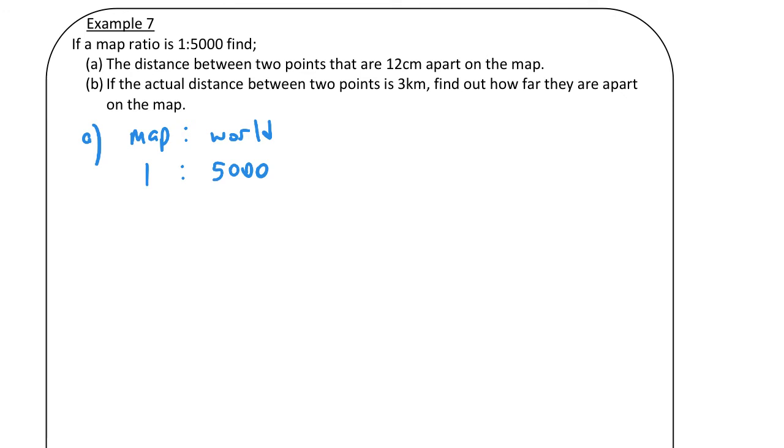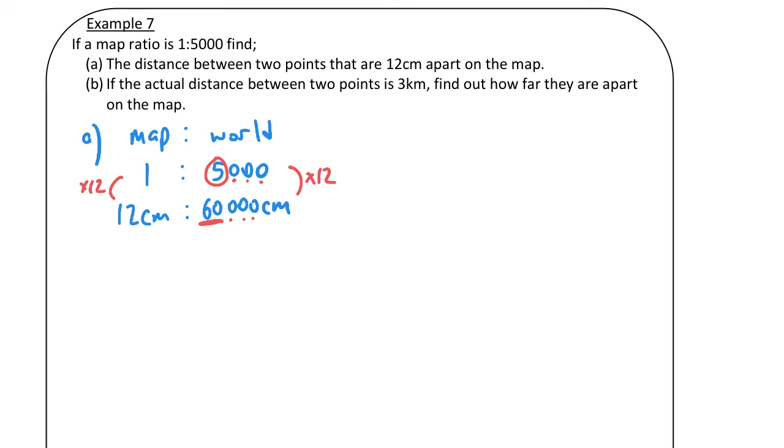So that means that 12 centimetres is going to be 60,000 centimetres in the real world. So to do that, to get from 1 to 12, I've multiplied 5,000 by 12. So if we think about 5 times 12, that gives you your 60, and then we've 1, 2, 3 zeros following that. So it's 60,000.